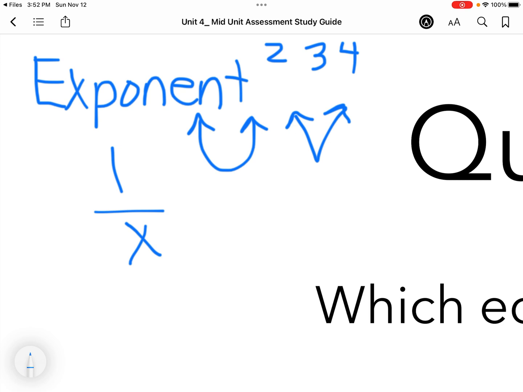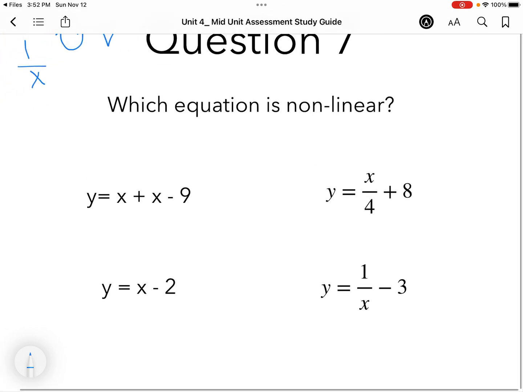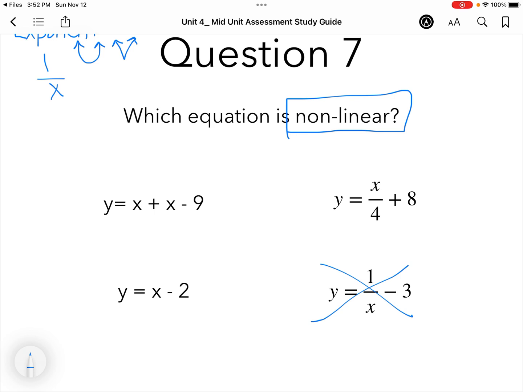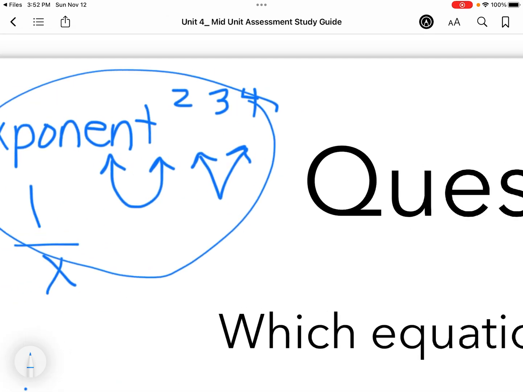It's going to create all sorts of weird little shapes. So let's take a look at this. Well, I know I can't choose this one. It's asking which one is non-linear, so I'm choosing the one that has these features. These are all examples of non-linear equations.